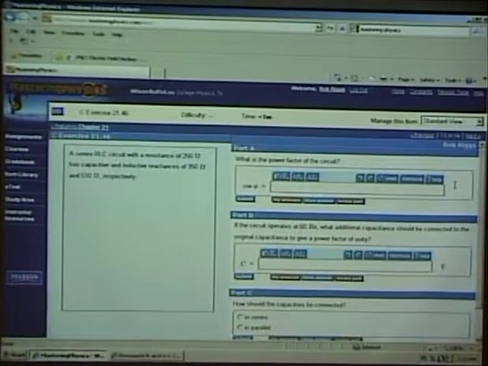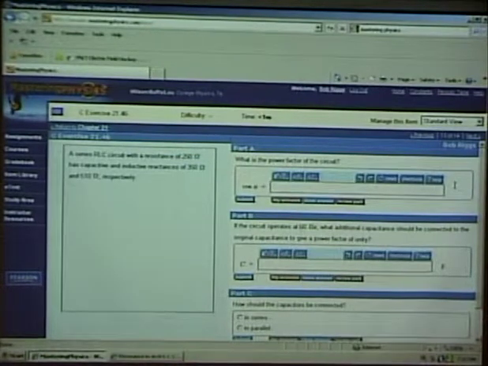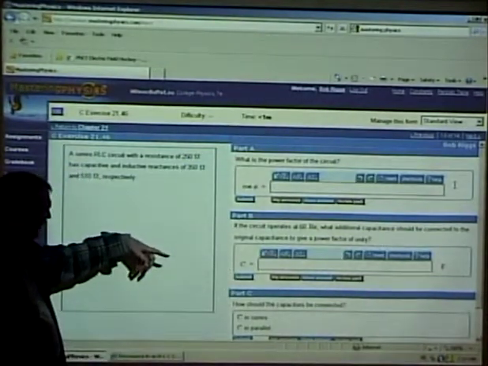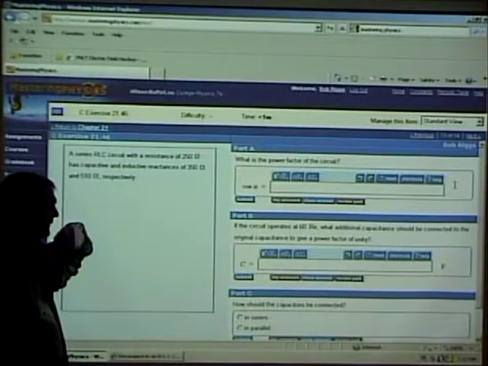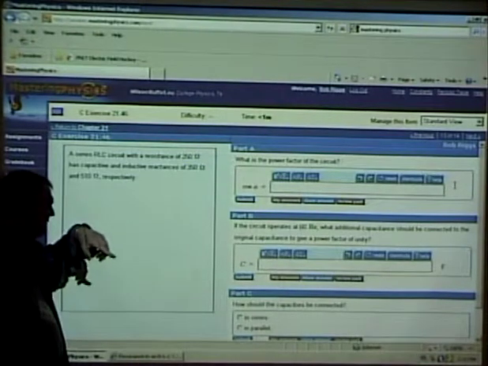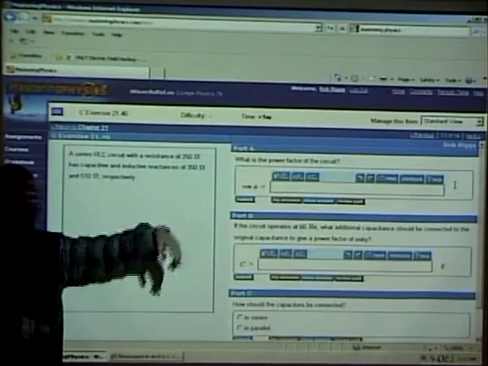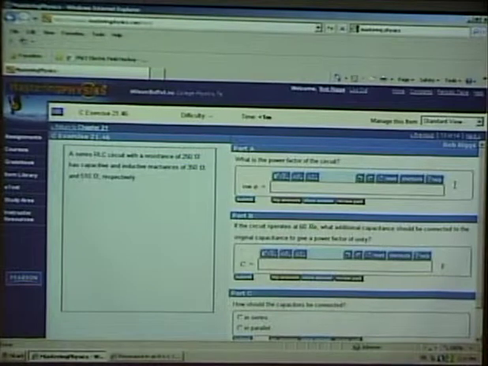Oh, okay, so I think what they're asking is that we have to add a capacitor to that so that my XL minus my XC is equal to R. That would work. Because then you get 1 divided by 1, so you get unity. That's what they're talking about.